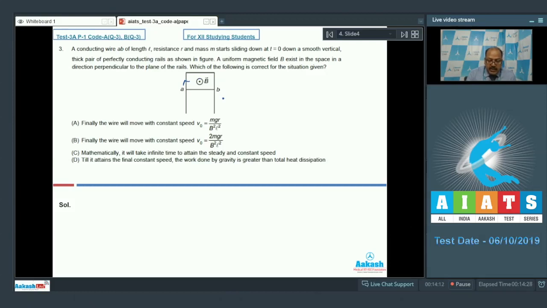So that it opposes the increase in flux which is happening because of increase in the area. Now, if the current is flowing in the clockwise sense, the magnetic force on the wire by I L cross B is in the upward direction.